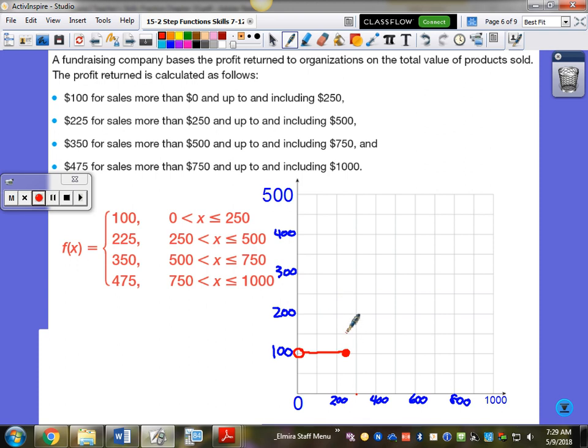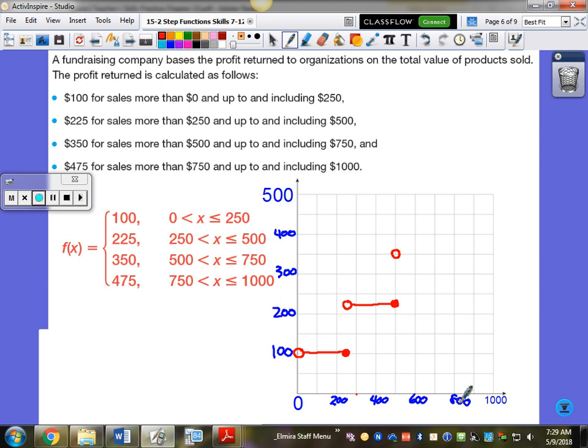I'm going to go right above where I was at that 250 with an open circle, no equal bar, up to 500. The next is 350. 350 is going to be from 500 all the way up to 750.